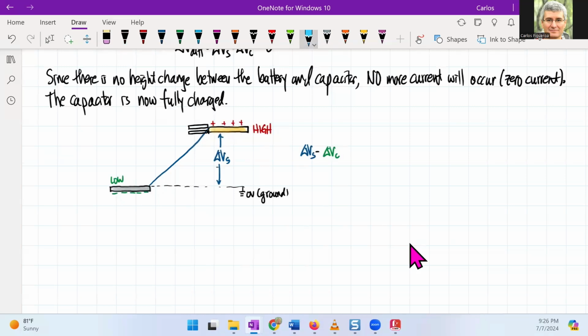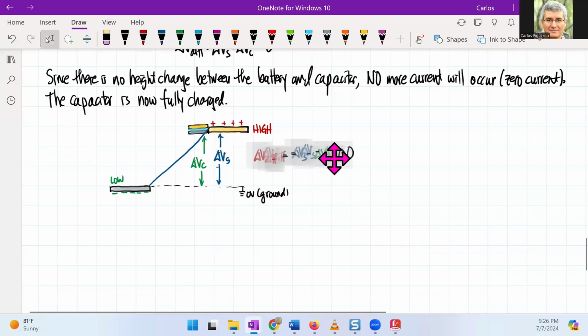So when I'm looking at this capacitor here, I'm seeing that it's at exactly the same height. So this guy right here is now the voltage of the capacitor. They're equal heights. So when I look at the voltage difference between these two right here, it's exactly zero.